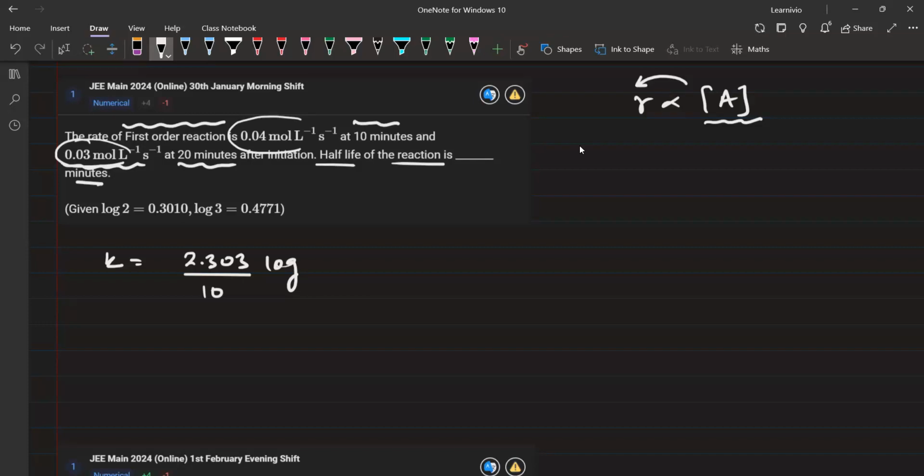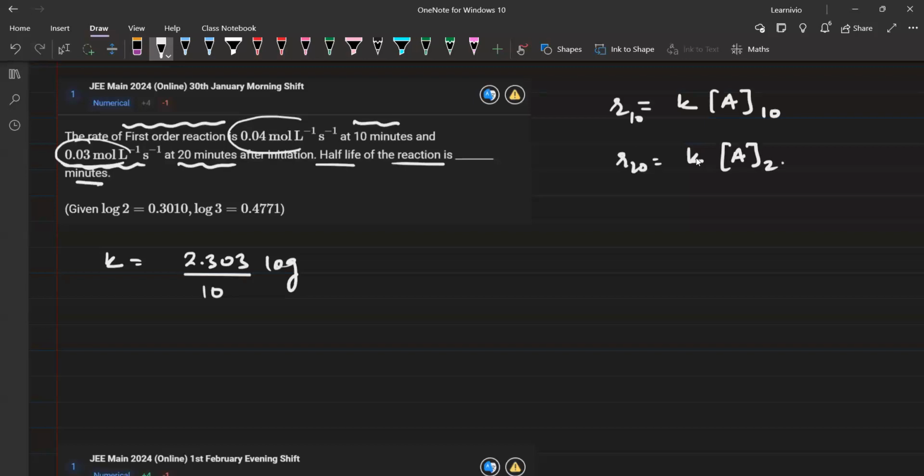Okay, or if you still did not understand, see, understand it like this. R is equal to K into the concentration of A at time 10 minutes. This is the rate. Okay, rate at 20 will be equal to, the rate constant will be the same, A at 20 minutes. Okay, now what I am going to do, we need this term, right?